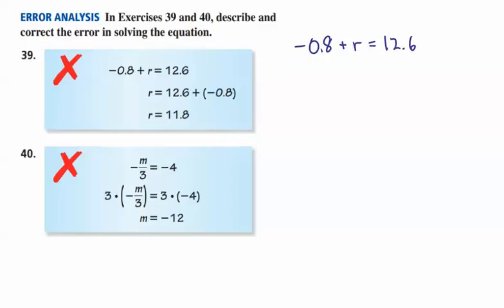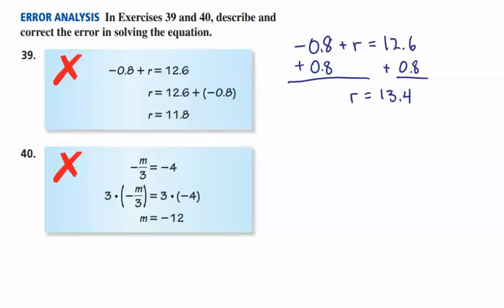Now in this case, what we would do is add 0.8 to both sides. And when we do that, we would get r is equal to 13.4.